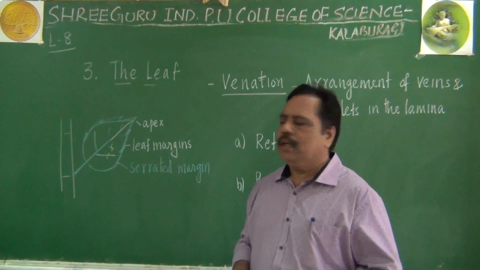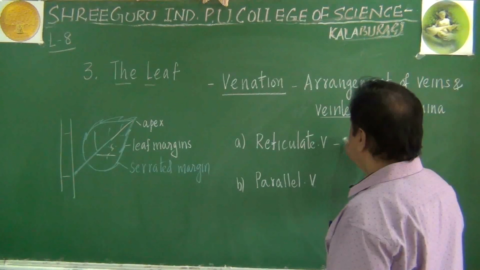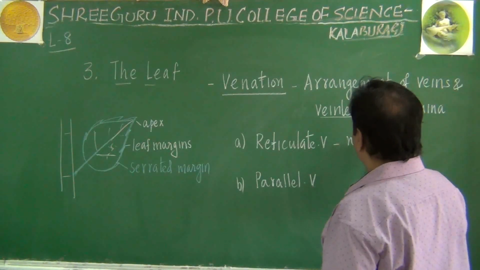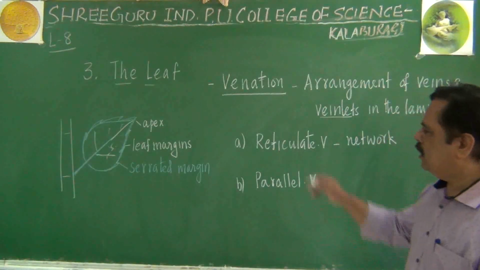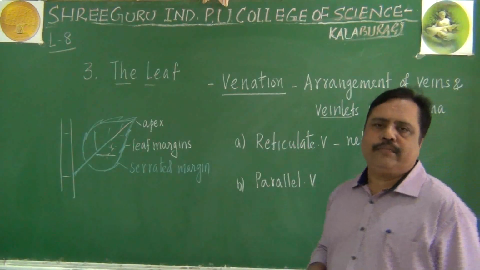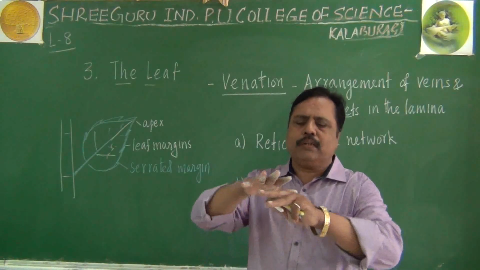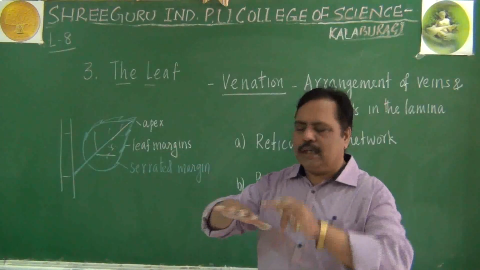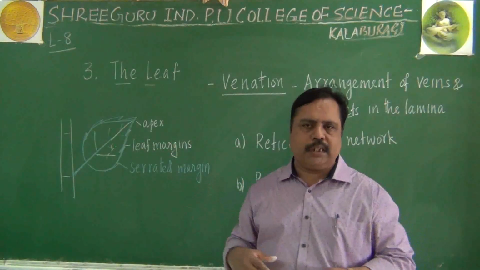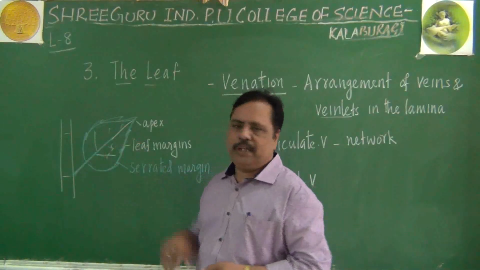Imagine now, if the veins and veinlets are arranged in a network-like manner, then it is called reticulate venation. Veins and veinlets will produce crossed structures, a network-like structure throughout the lamina.